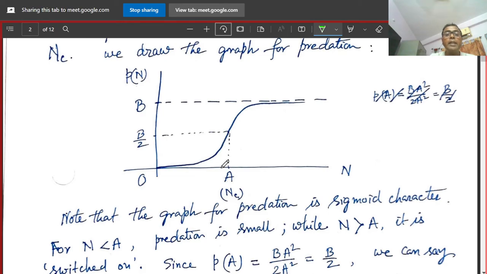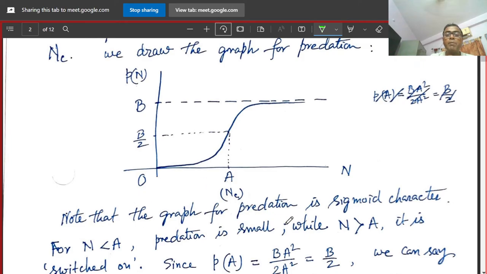At N equal to A there is a sudden change in predation up to B, with B by 2 at the point A. To the left of A the predation is near 0, and to the right of A the predation jumps toward B. So A is the threshold value.